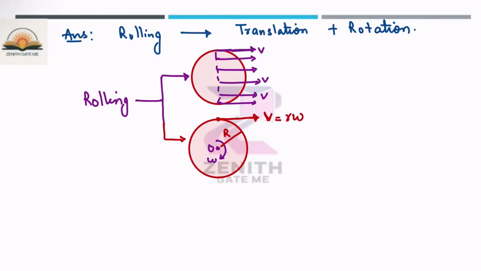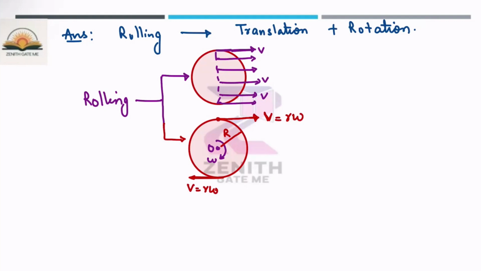Tangential to each and every point will give you the velocity. So this is also the velocity at this point, v is equal to r omega. For each and every point, if you want to calculate the velocity, just draw a tangent. The velocity will be along the tangent to that particular point.